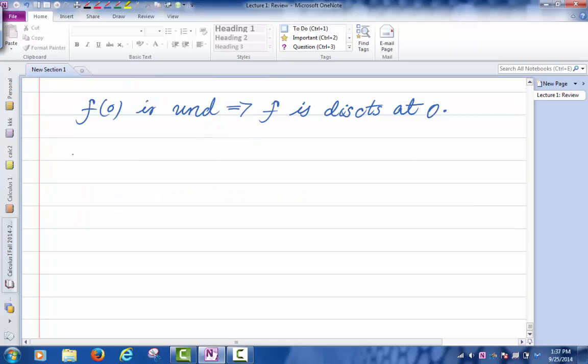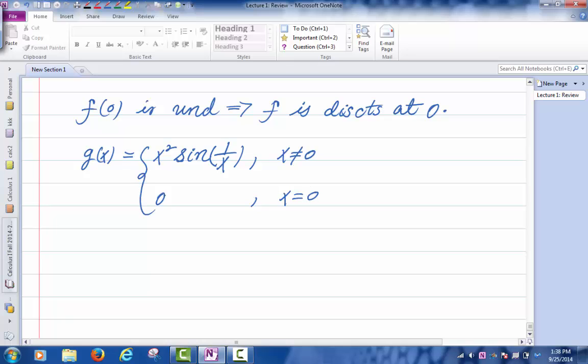Let's change it a little bit. Let's take the function g of x, which is the same as the previous function f, x squared sine 1 over x, when x is not 0, and the value of the function is 0 when x is equal to 0. What can I say about the continuity of g at 0?